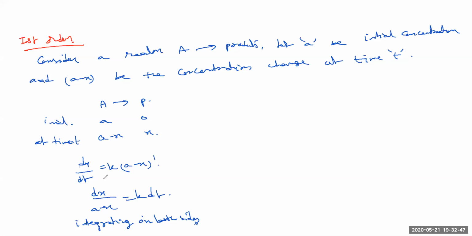Here integration of 1 by a minus x means ln of a minus x by derivative of a minus x, which is minus 1. So it becomes minus ln a minus x is equal to k into t plus some integration constant, say equation 1.